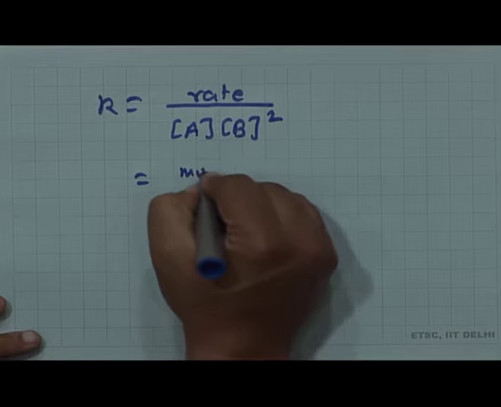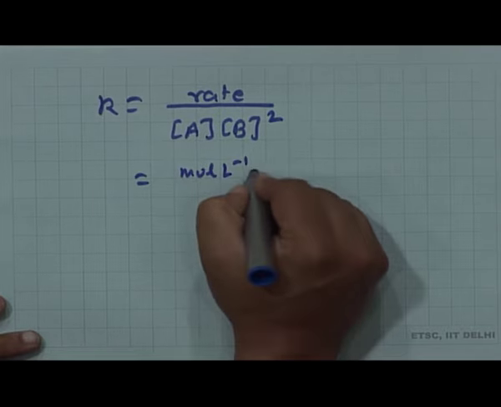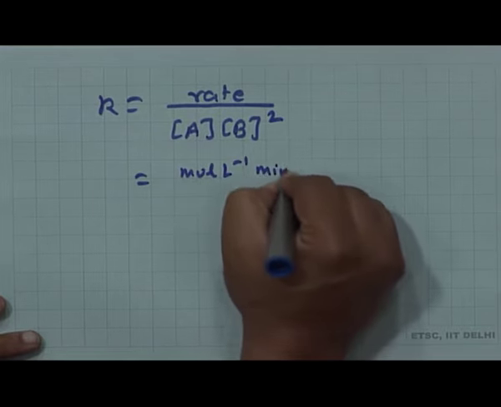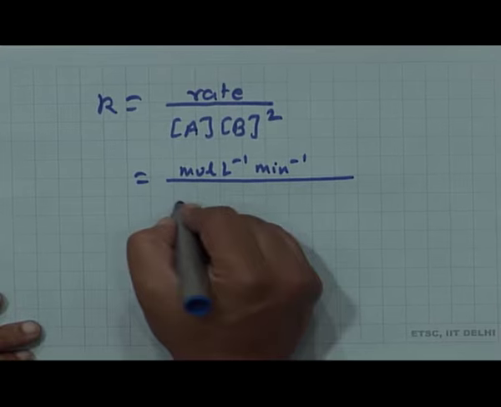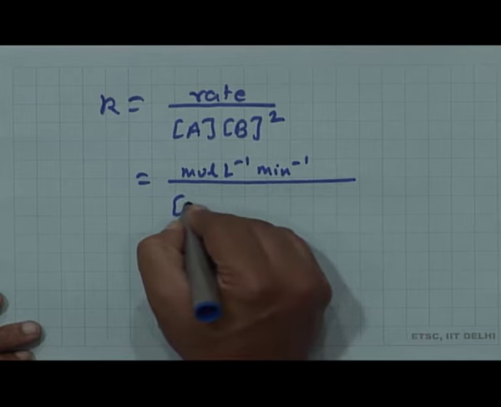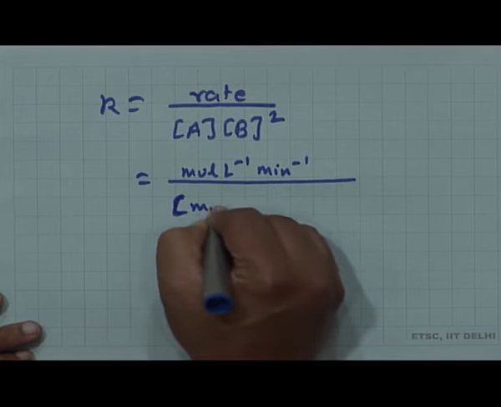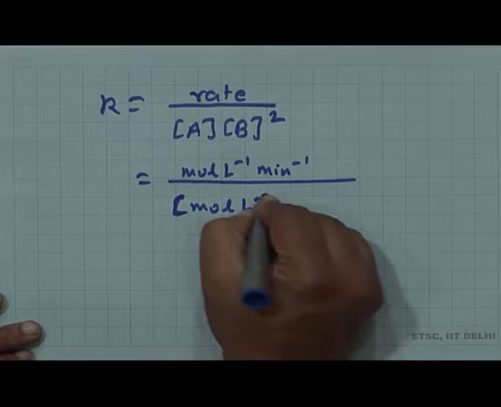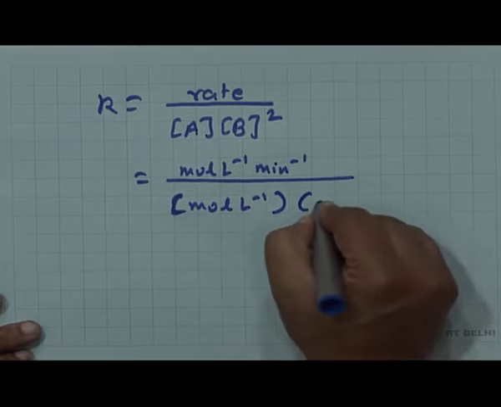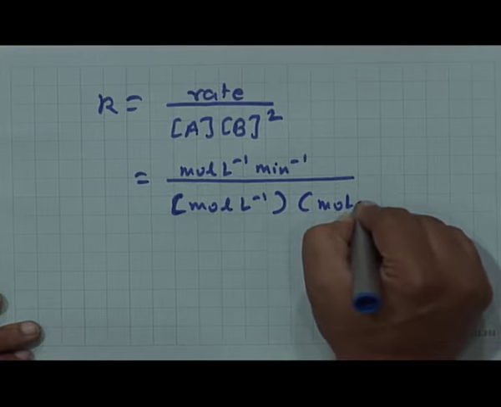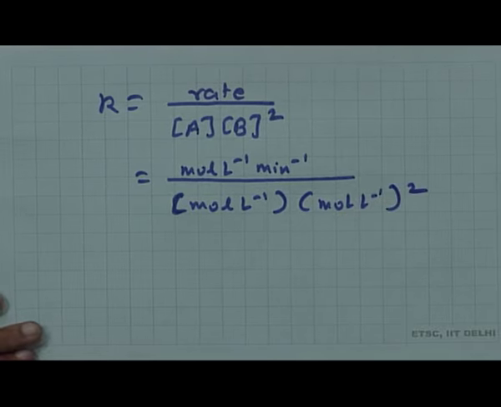So it would be mole liter inverse minute inverse, and then I will have mole liter inverse, that is the unit of concentration of A, and mole liter inverse raised to the power 2 for B, because it is second order.